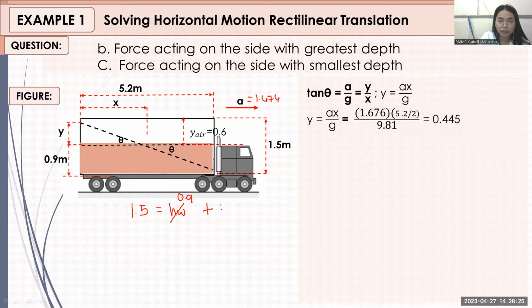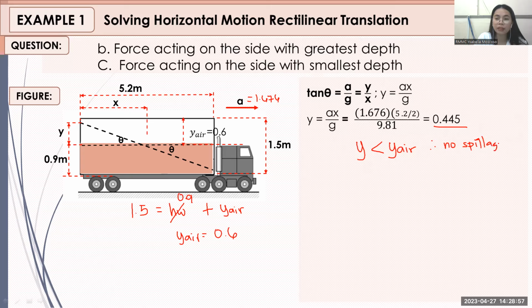Sabihin natin, this is y air. So 1.5 minus 0.9, your y air is equivalent to 0.6. At nakuha natin na y a while ago, that is 0.445. Compare natin silang dalawa. Okay? y is lesser than your y air.